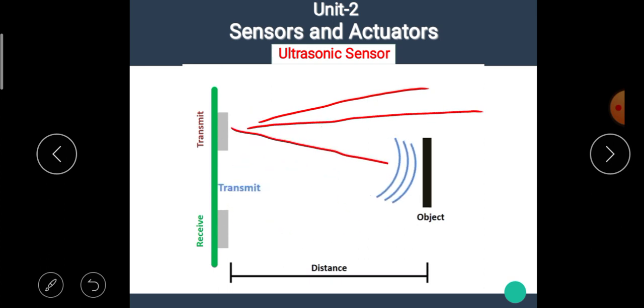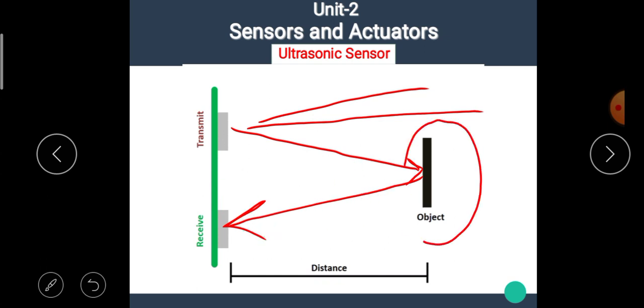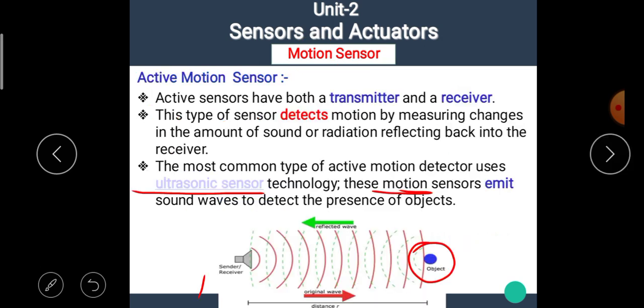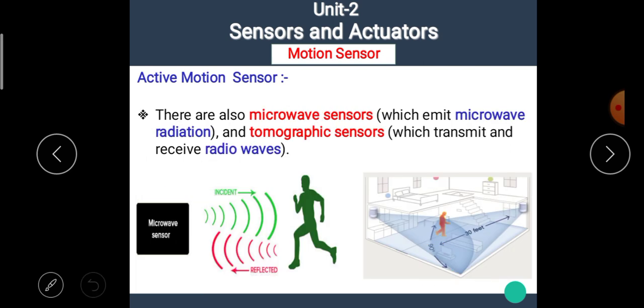When an object gets detected, then the transmitted wave is reflected back towards the receiver. By using this technique, we can detect the motion of the object. I hope you all understand the active motion sensor type, the ultrasonic sensor.